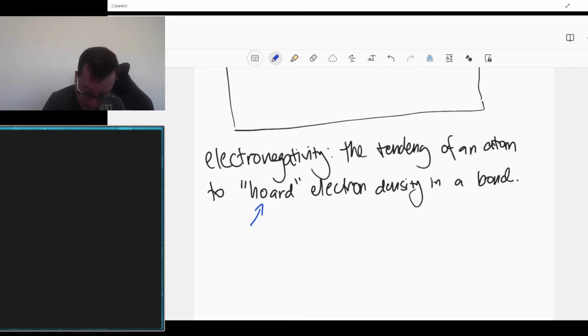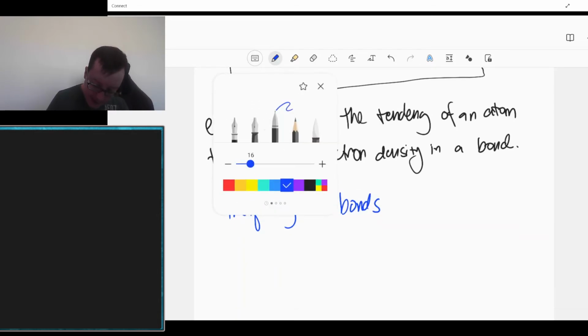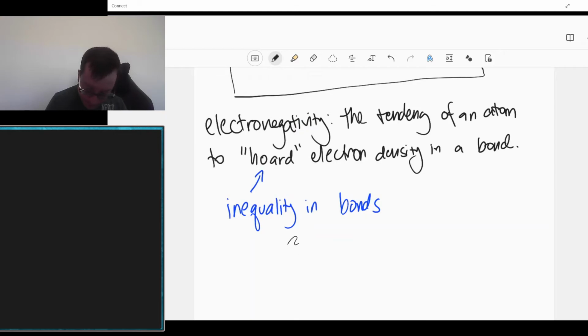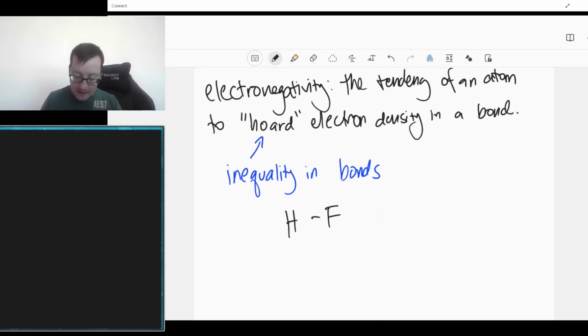We have inequality here. We're going to see that if we look at something like this, the electronegativity values, I'll just tell you them, relatively speaking, are 4 and 2.1.